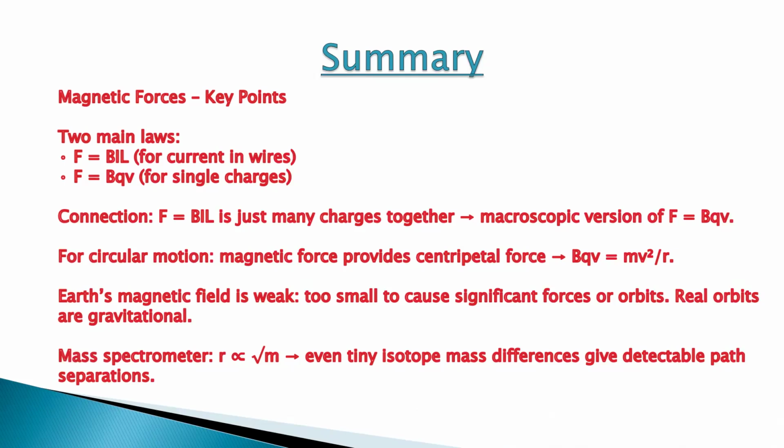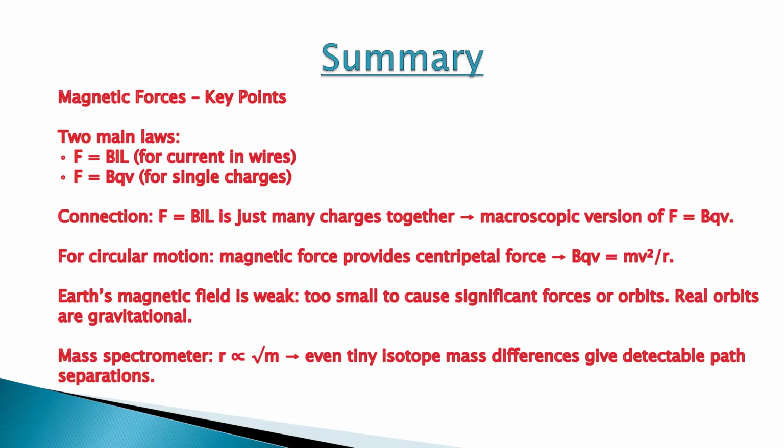When charges move in a circle under a magnetic field, the magnetic force acts as a centripetal force, giving BQV equals mv squared over r. That's the basis of devices like the cyclotron and the mass spectrometer.